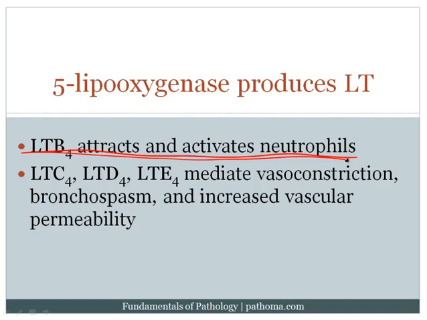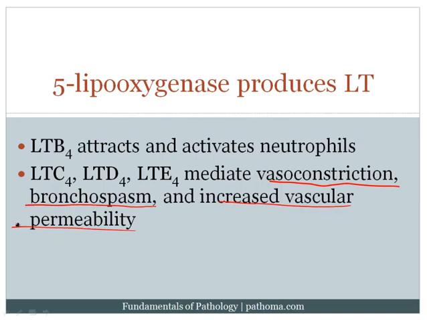Another group of leukotrienes that are important are leukotriene C4, D4, and E4. Now what they do is they mediate vasoconstriction, they cause bronchospasm, and they increase vascular permeability. So three actions: vasoconstriction, bronchospasm, and increased vascular permeability.